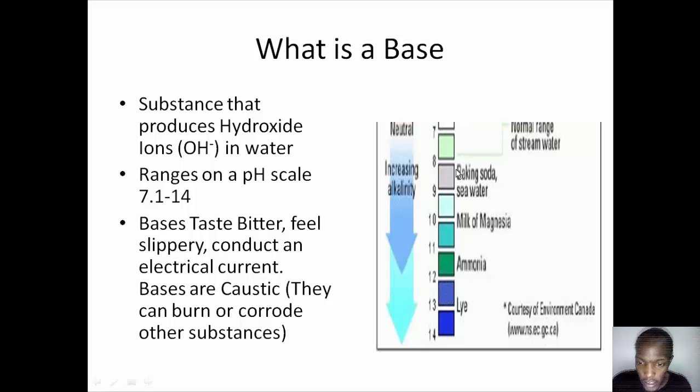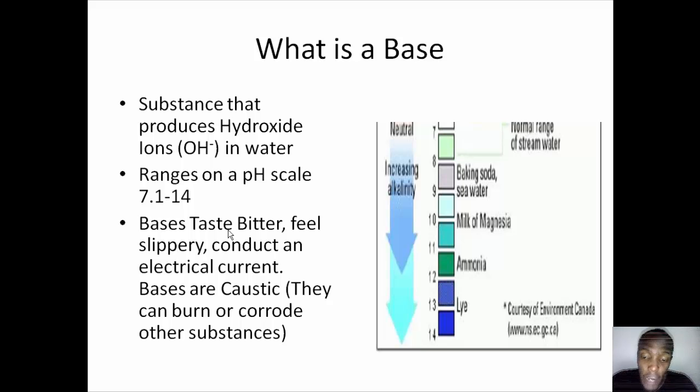Some common bases: baking soda, seawater, milk of magnesia, ammonia, lye. Bases typically taste bitter, they feel slippery, and they also can conduct an electrical current. Bases are caustic, and that means they can burn or corrode other substances.